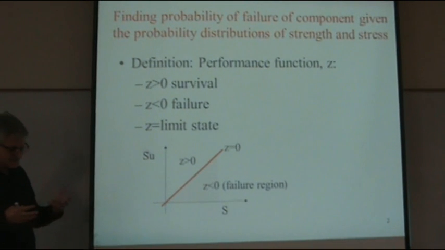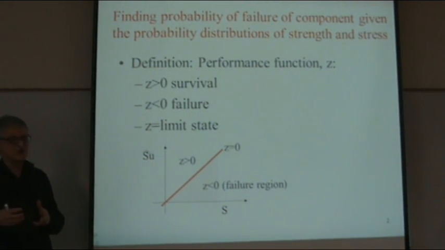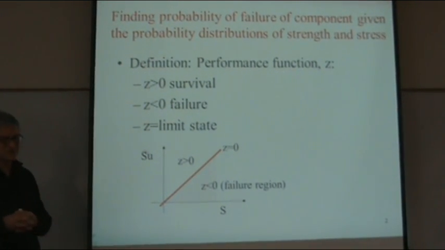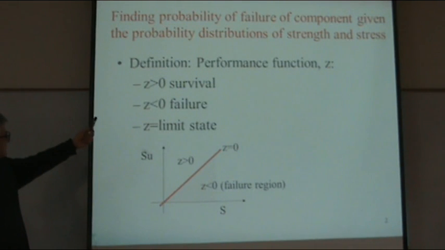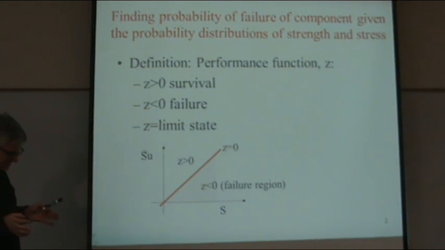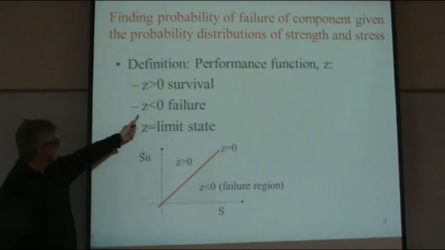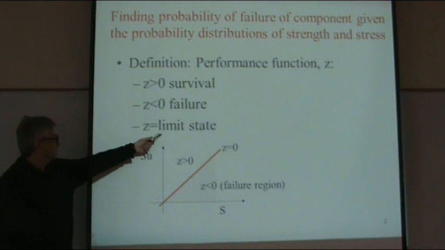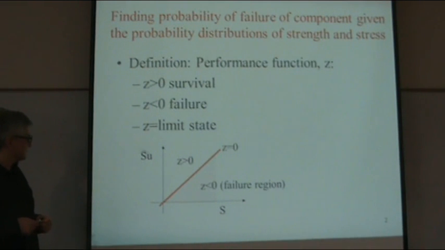We can think that the demand is lower than the supply, in a way, if the capacity corresponds to the strength and the load corresponds to the demand. If zeta, this function, is negative, then you have failure. And the limit state is when zeta is equal to 0.